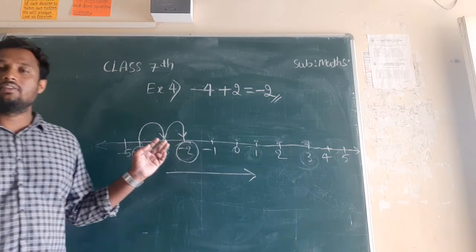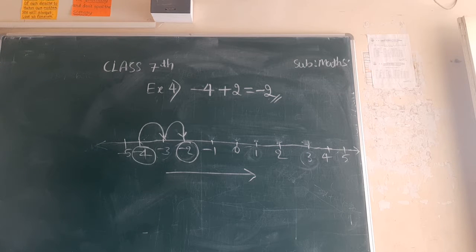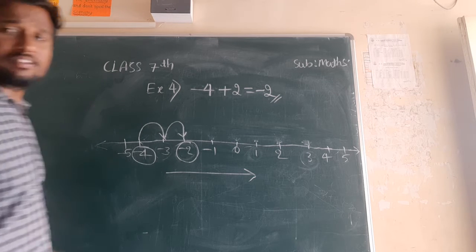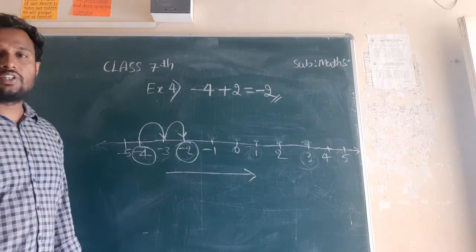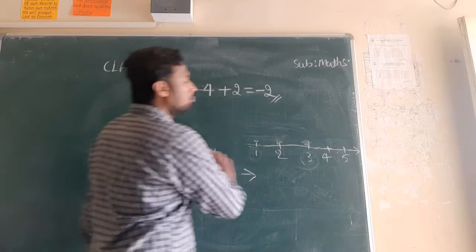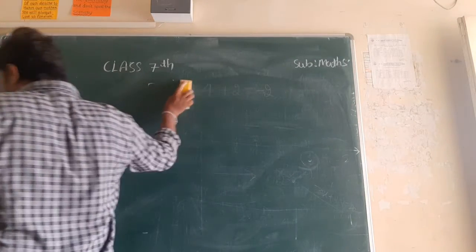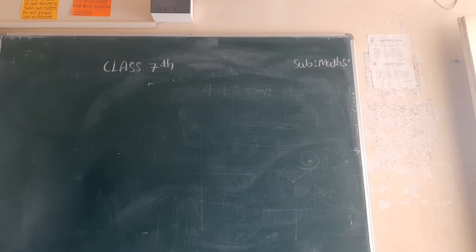Okay. So let us see some more examples. Write this example also. Pause the video and write this. So now without number line I will consider some other examples and we will try to solve those examples.